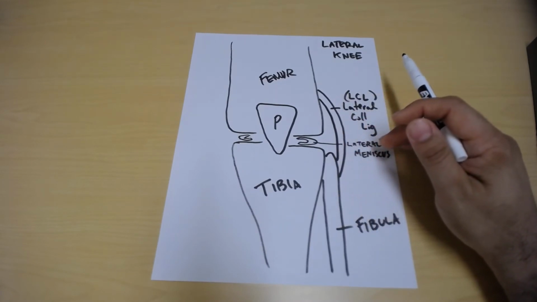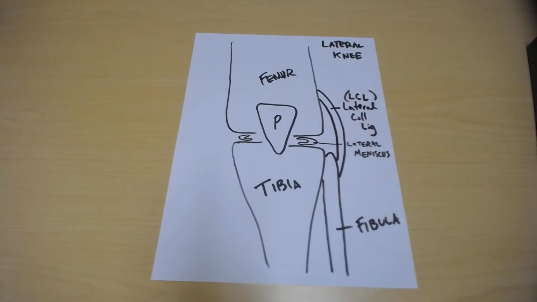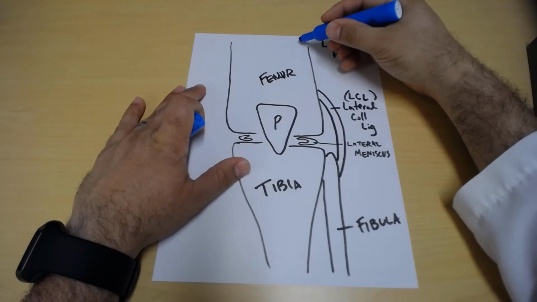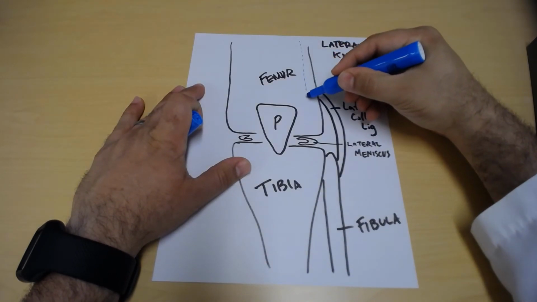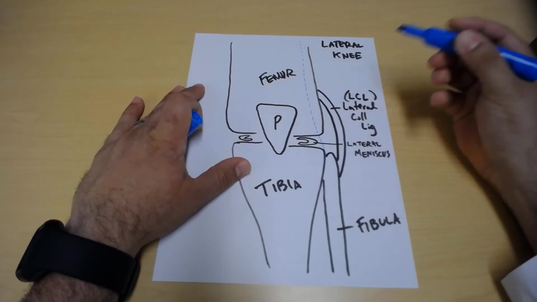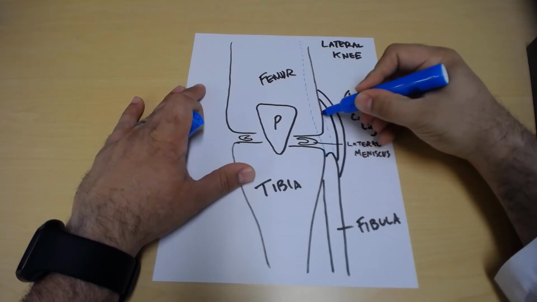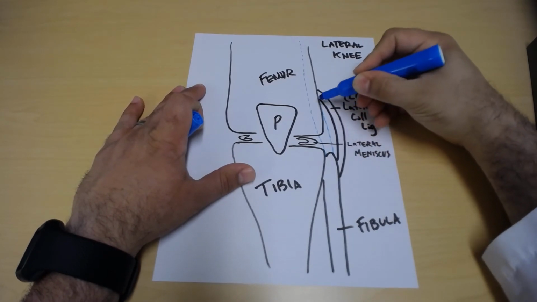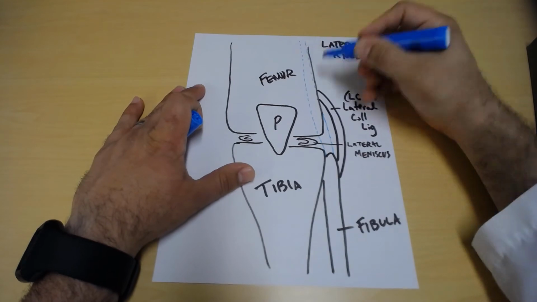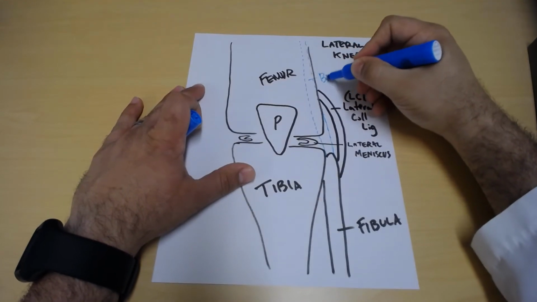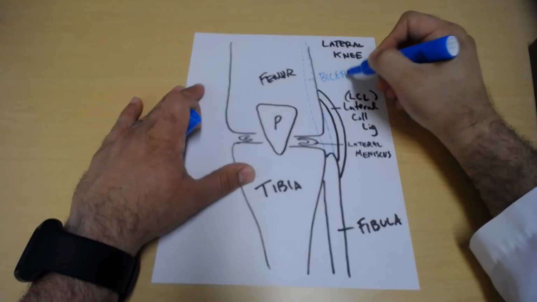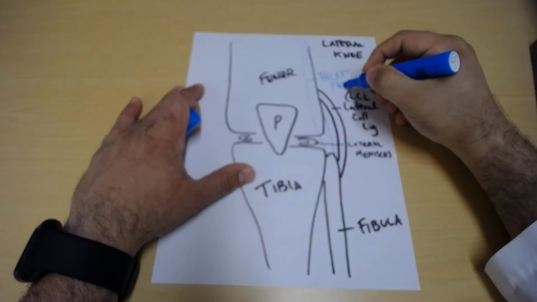And finally, the last structure, it runs along the back of the knee, and this is your hamstring tendon. So this is coming from behind the knee, attaching onto the fibula. And this is known as your biceps femoris.